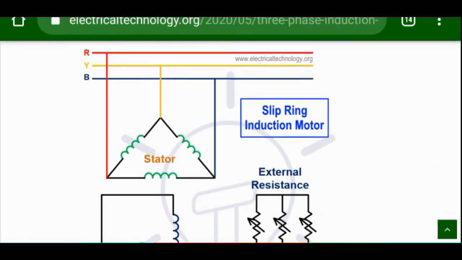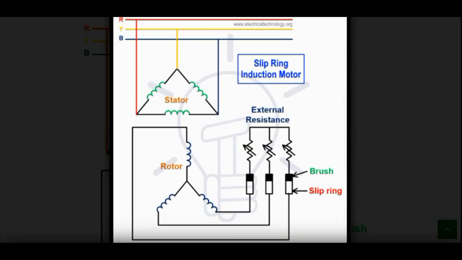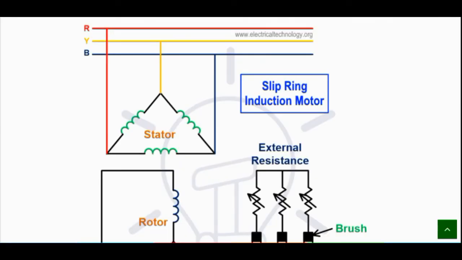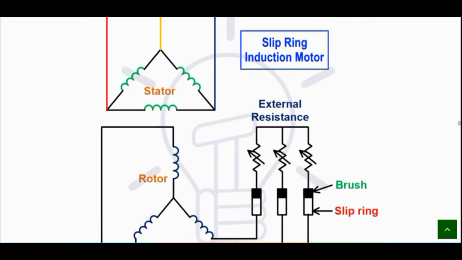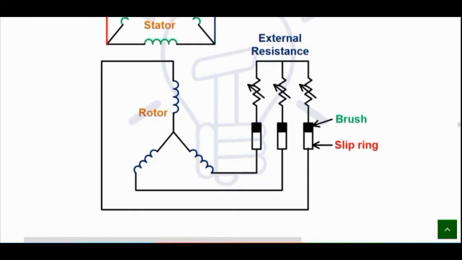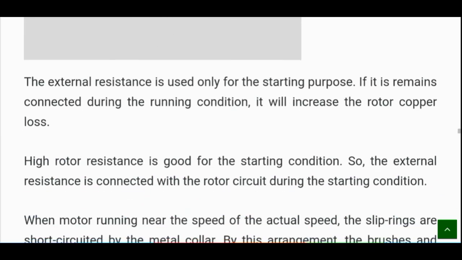This is the stator, and the slip ring induction motor stator, external resistance, rotor, brush. Here is the brush and slip ring, and here is the rotor.